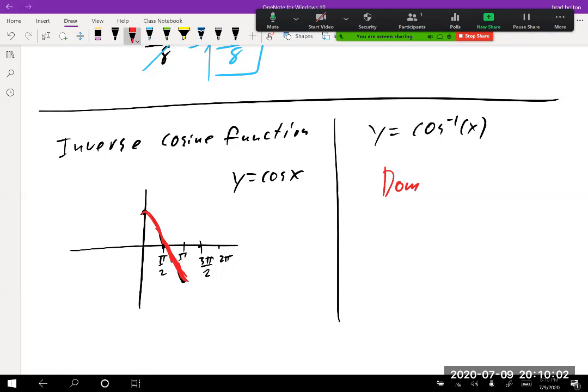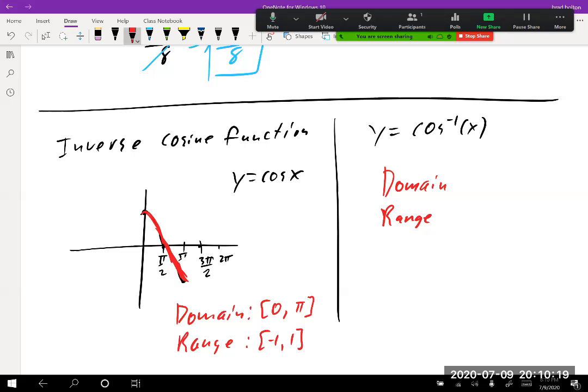It would basically be very similar to the previous one. What we're really concerned with is the domain and range, okay? So the domain of this guy is from 0 to pi, and the range is from -1 to 1.